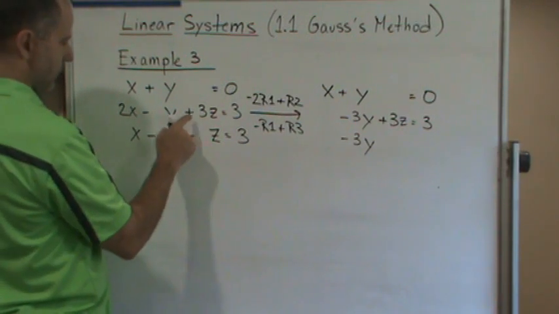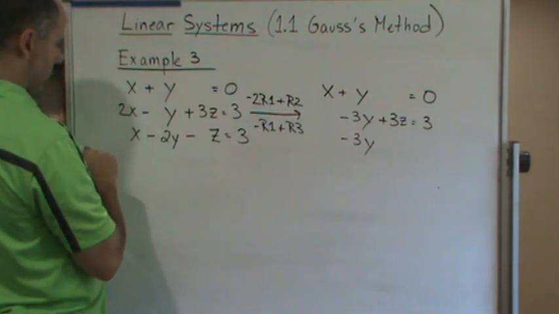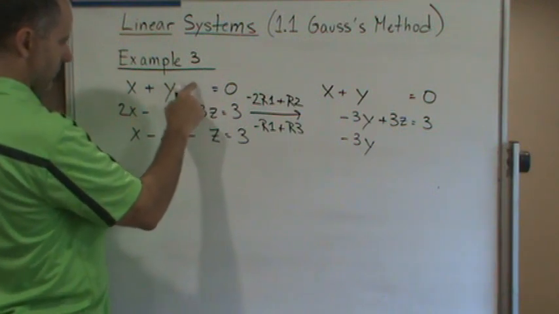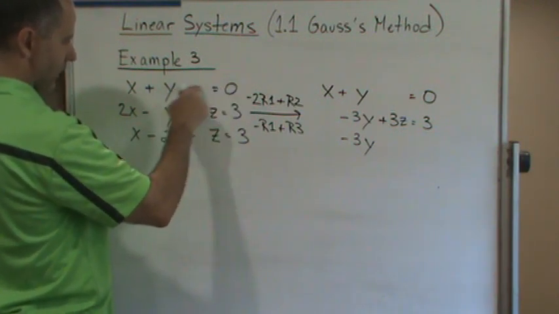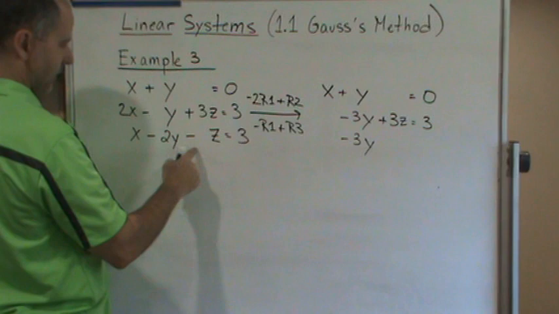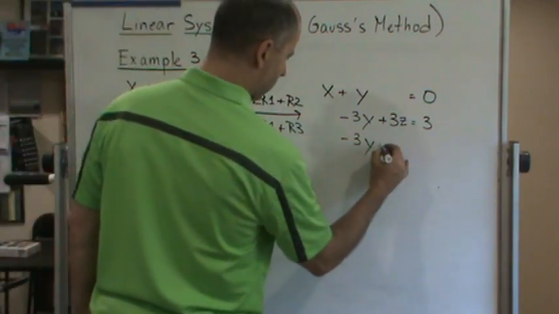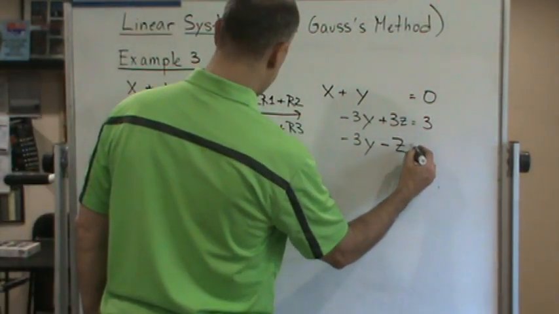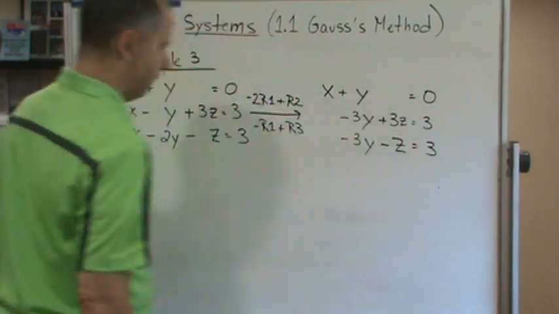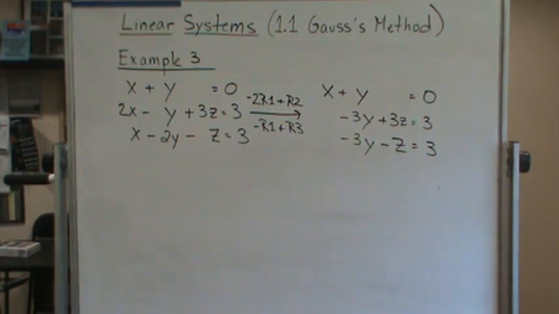And then this becomes negative, oh, hold on a second. Yeah, so negative 0, so 0 and 0, so these are going to be unchanged here, which means we'll get minus z equals 3. And so now our system of equations becomes that.